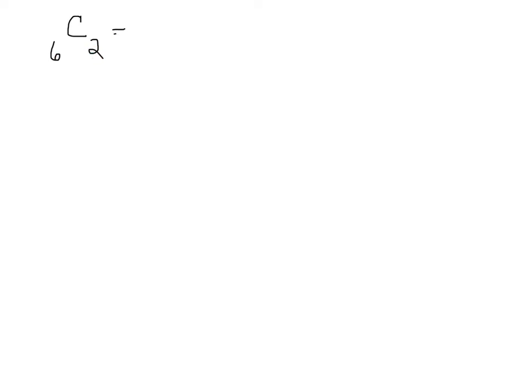You'll write 6 factorial divided by, and now you subtract the 6 and the 2, factorial, and then 2 factorial. That exclamation point, what you say is factorial. Let's write it over here. Factorial. And all you do is just count down and multiply.